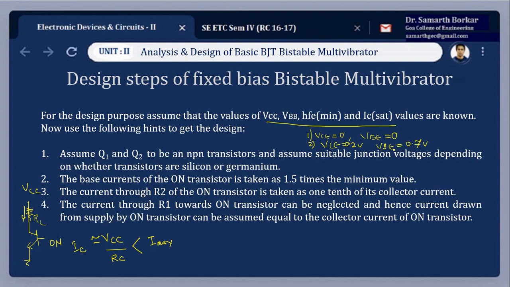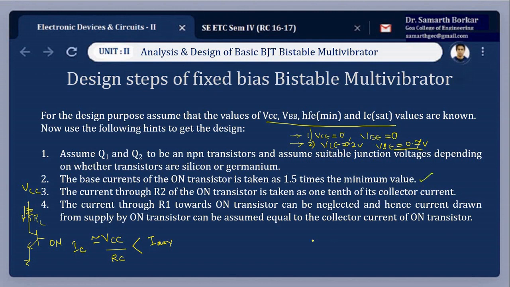Now this value of VBE depends upon the make of the transistor. If it is silicon, it is 0.7. If it is germanium, it is 0.3. So there are two cases involved. First case, we can ignore the junction voltages, and in the second case, we have to consider the junction voltages. The base current of the on transistor is taken as 1.5 times the maximum value.